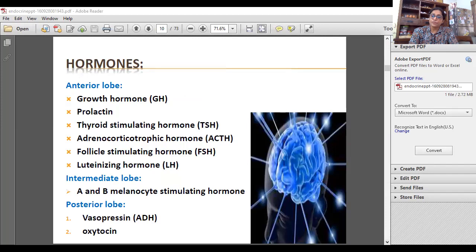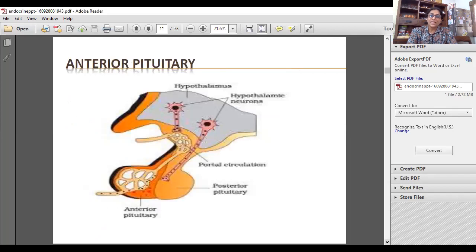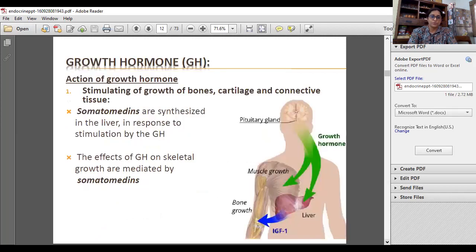The posterior pituitary secretes two hormones which are not manufactured in the posterior pituitary, and they are the vasopressin, also known as the antidiuretic hormone, and the oxytocin. And oxytocin has got a very, very short and specific role we'll be seeing further. The anterior pituitary, as we can see, has connections with the higher center of the brain, the hypothalamus, and it directly influences the secretion of all the glands of the body and similarly of the pituitaries.